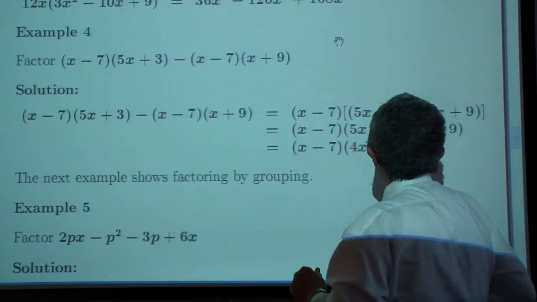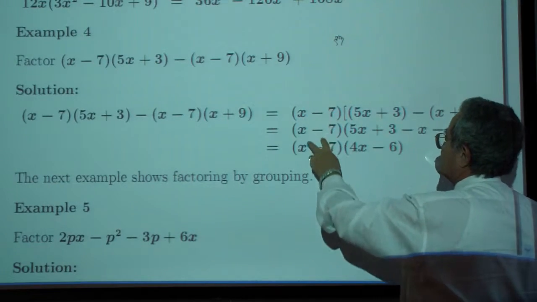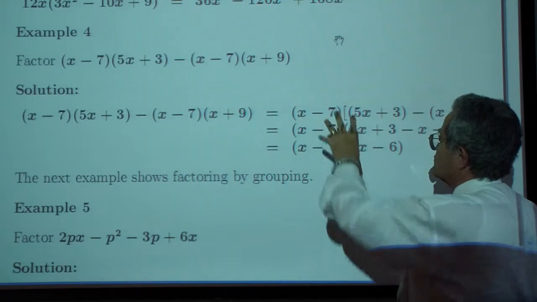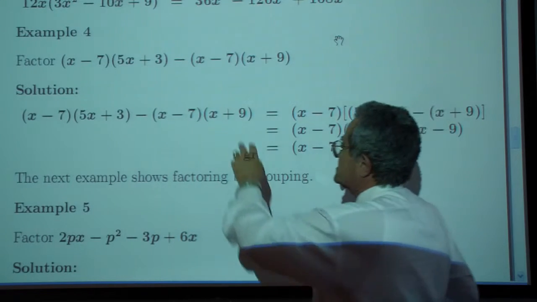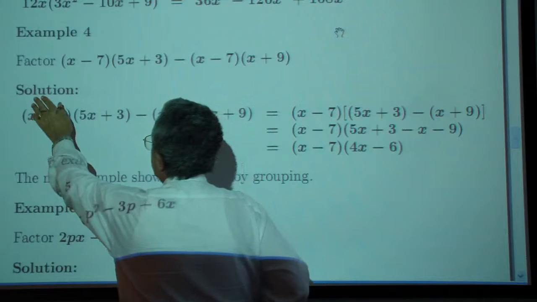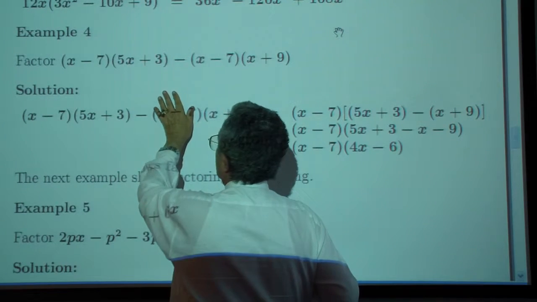Okay? You write the x minus 7 in the same column, or you could probably see that this is a common factor, so you factor it out. After you factor it out, it's no longer here, it's no longer here.